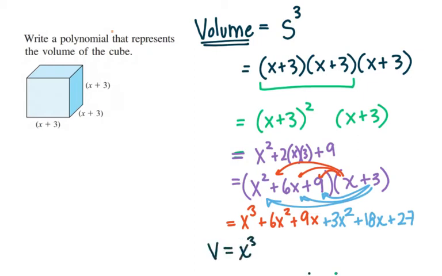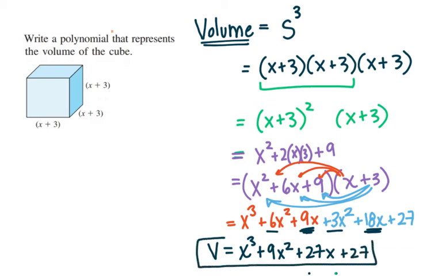So x cubed, 6x squared plus 3x squared is 9x squared. 9x plus 18x is 27x. And then plus 27 as our last term. That's a little bit more of a challenging volume problem, but it's a common way they combine polynomial multiplication problems with geometry.